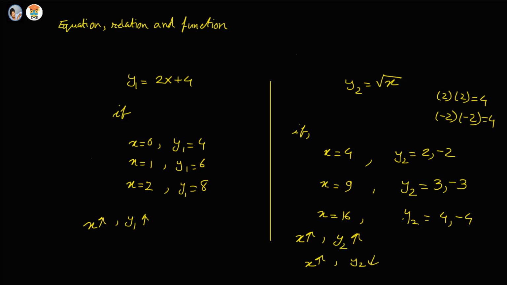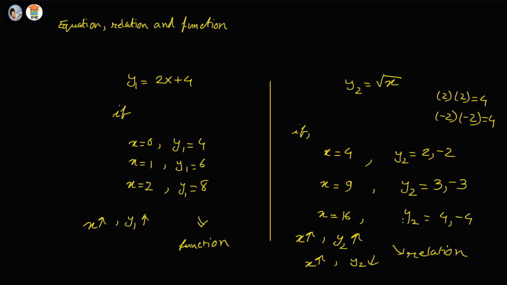So there is no specific relationship between x and y2 in the second example. Therefore, we can say that the first example is a function, whereas the second example is just a relation.